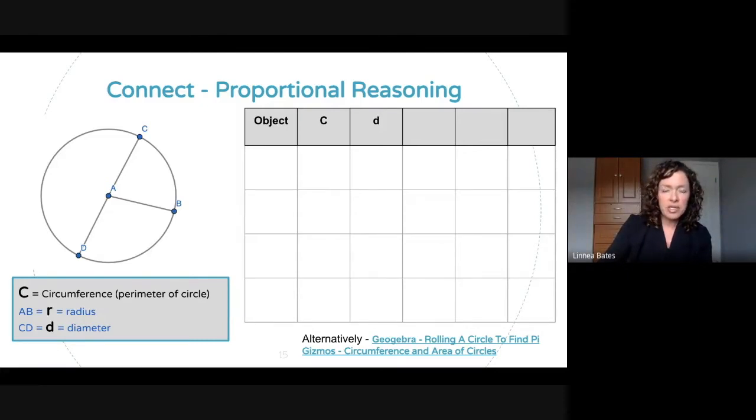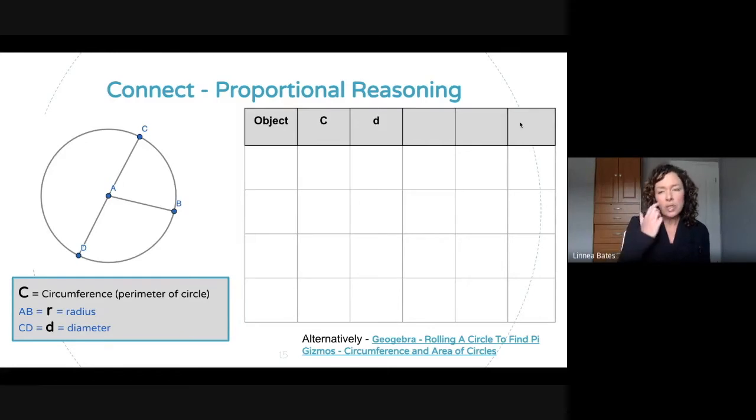So you can see there's a table there where you could list the different objects, and list the circumference and the diameter. In order for students to see what relationships are important there, you'll see that there are 3 other headings at the top that have not been filled in.